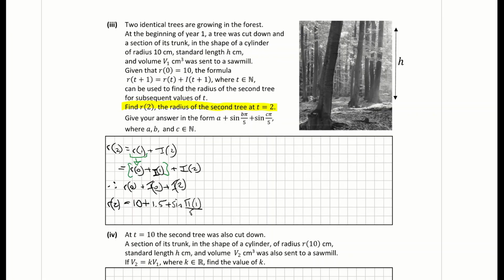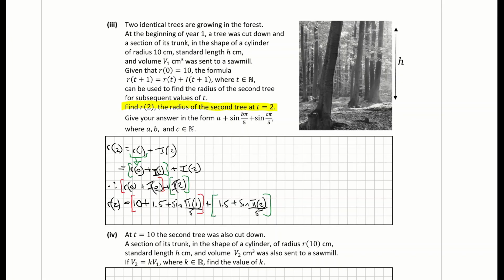So that is basically finding me R0 plus I0. R0 is 10, I0 then is my formula there. Then I'm going to add on my I to the 2, which is going to be plus 1.5 plus sine of pi multiplied by 2 over 5. So that's my I to the 2.